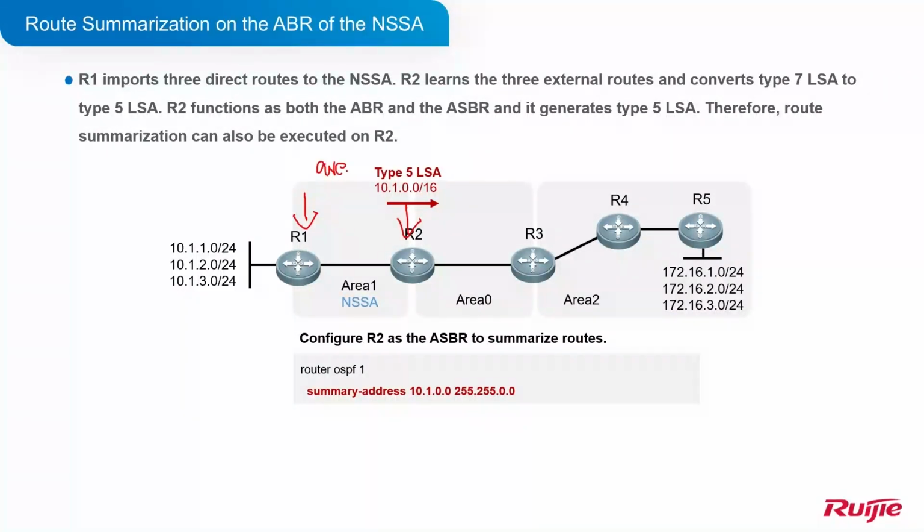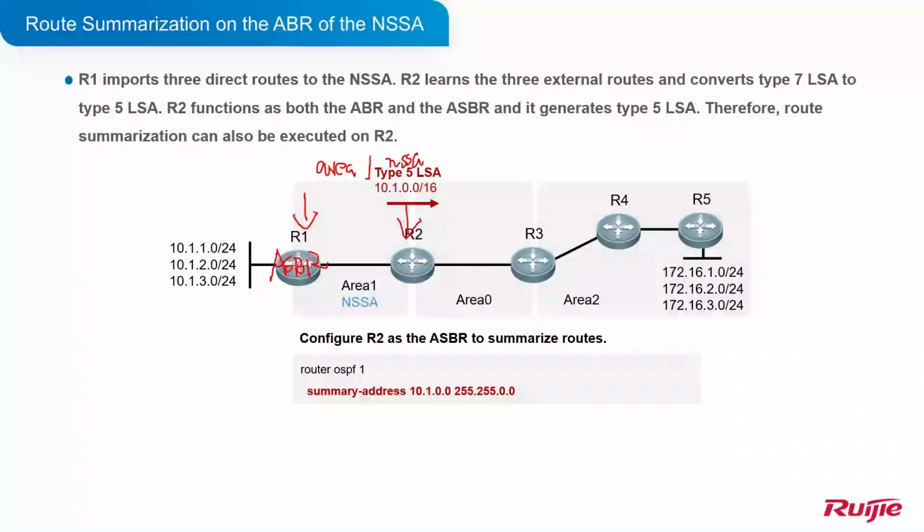Set area 1 nssa. This command sets area 1 to become the NSSA area. Okay, so after we configure area 1 to become the NSSA area, what happens next? So now the R1 device actually is an ASBR device, right?